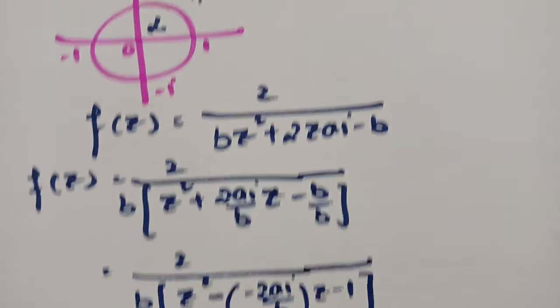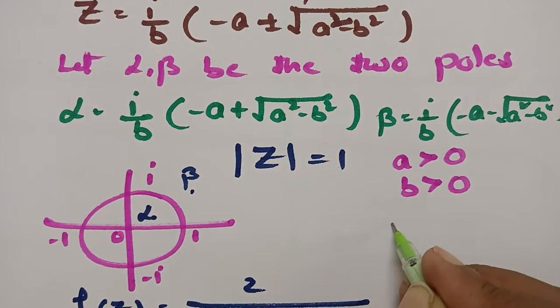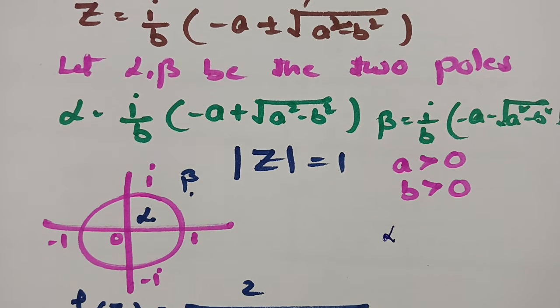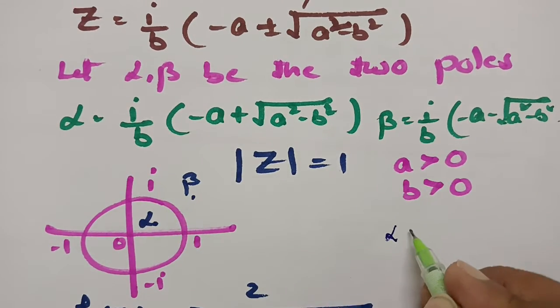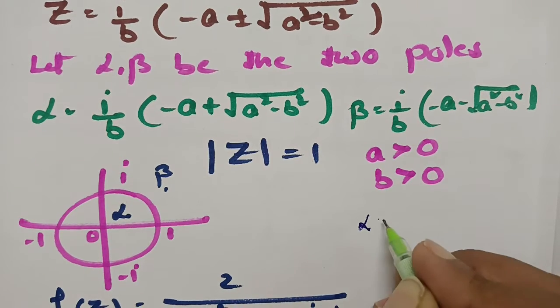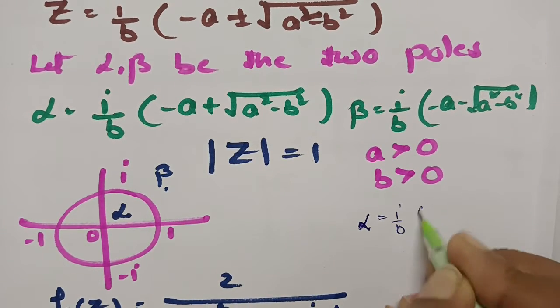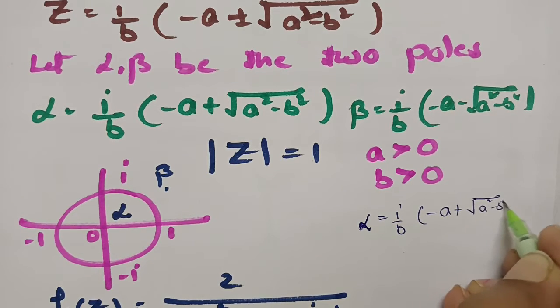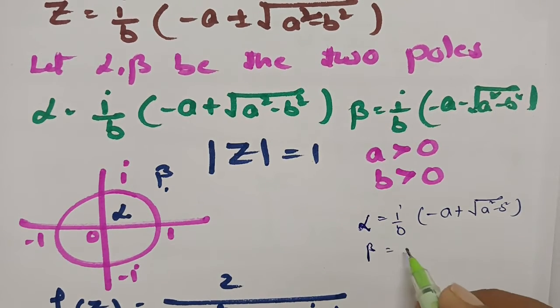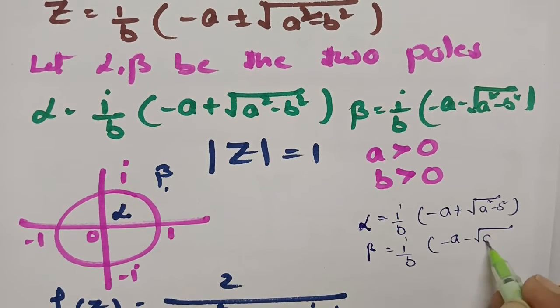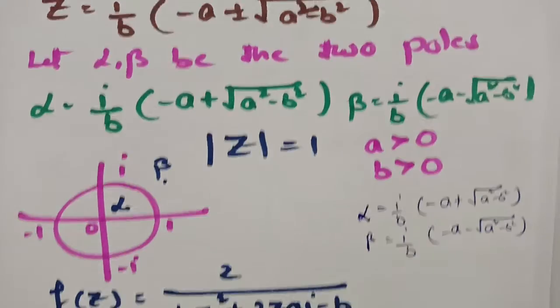So our alpha value here is very clear. So we got the alpha value, so alpha value is this one and beta value is this one. If I add up these two, alpha is equal to i by b times of minus a plus root over a square minus b square, and beta value is equal to i by b times of minus a minus root over a square minus b square. Clear?